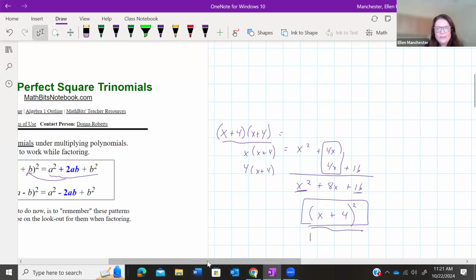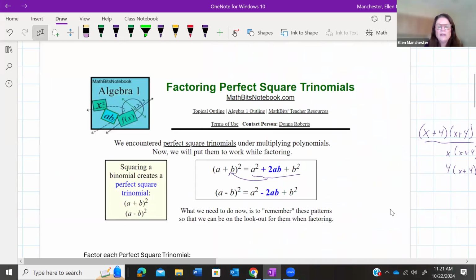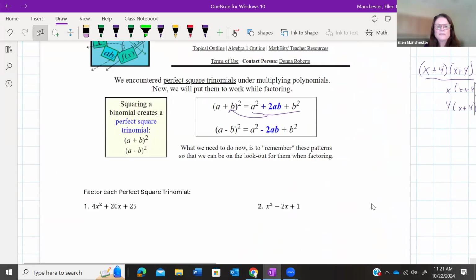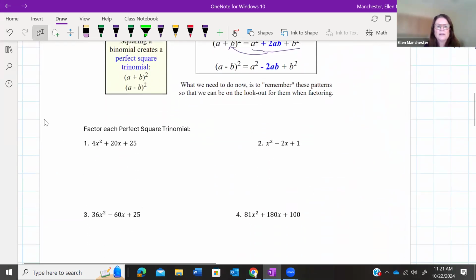Okay, so what's nice about this is you can get some pretty complicated trinomials, right? If I showed you how to do this using the other technique that we're going to learn on Thursday, it would kind of boggle your mind because you have to get factors of 4, which is 1 and 4, 2 and 2, factors of 25, 1 and 25.